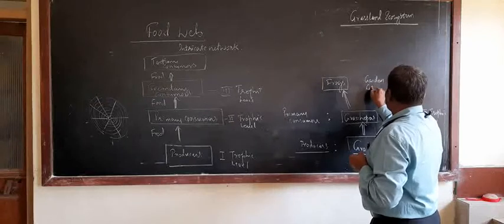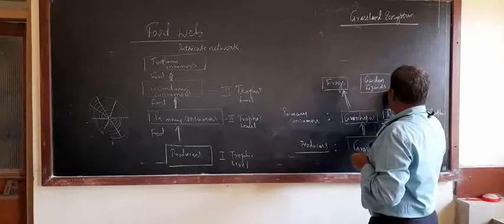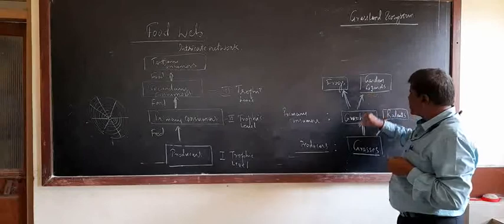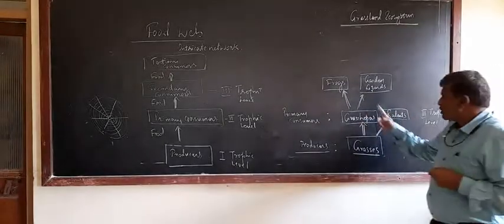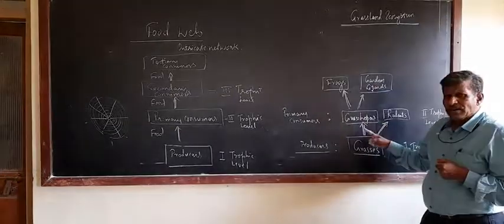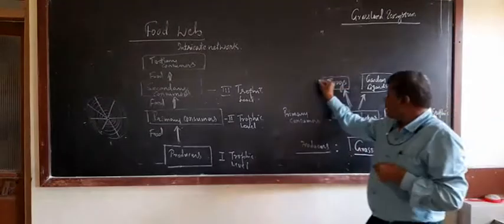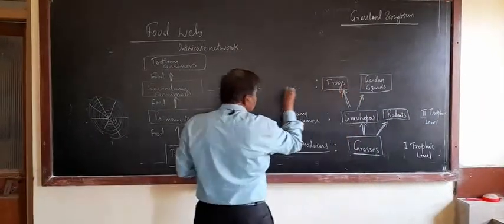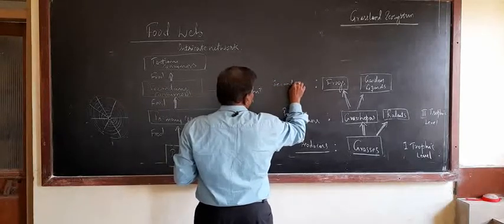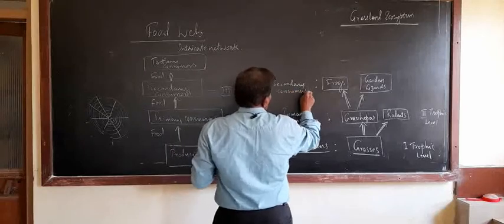Garden lizards are very common animals. They feed upon these grasshoppers and get their food. So here frogs and garden lizards are basically depending upon the grasshoppers, which are primary consumers. That is why we consider frogs and garden lizards as secondary consumers.